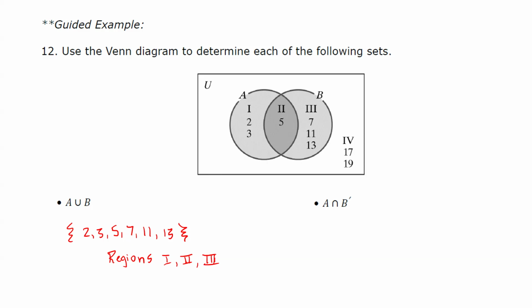The elements that are in B are 5, 7, 11, and 13. So the elements not in B would be 2, 3, 17, and 19. The combination between the two would just be the numbers 2 and 3, which would be region number 1.